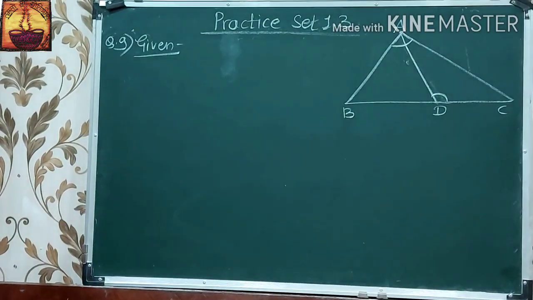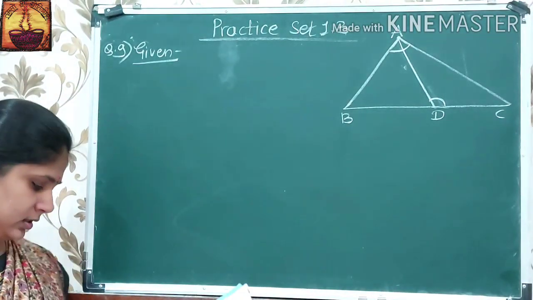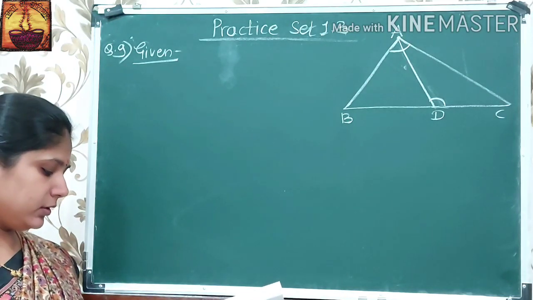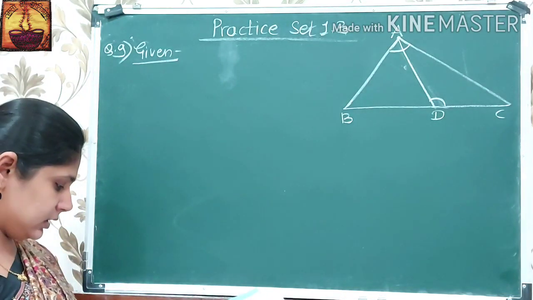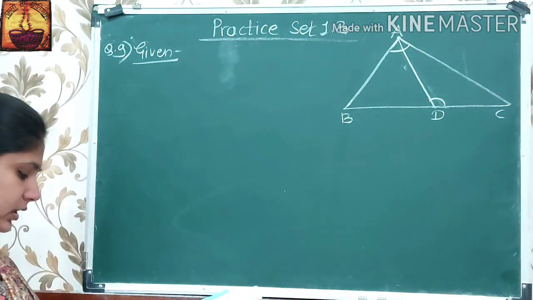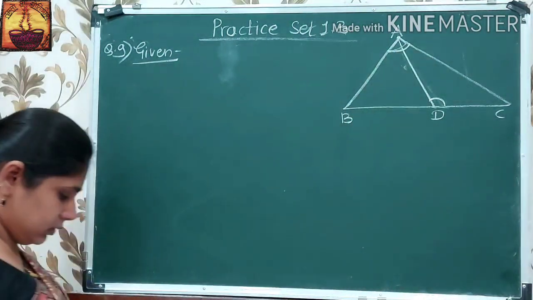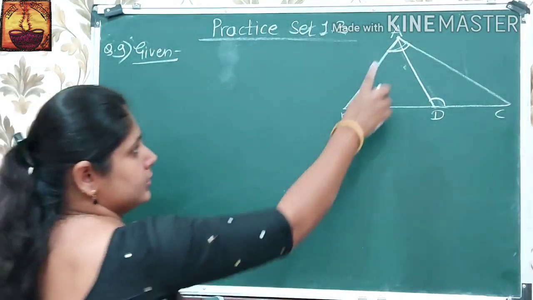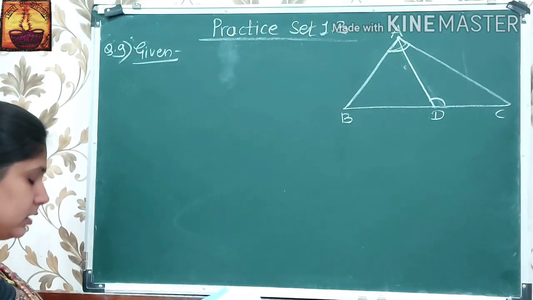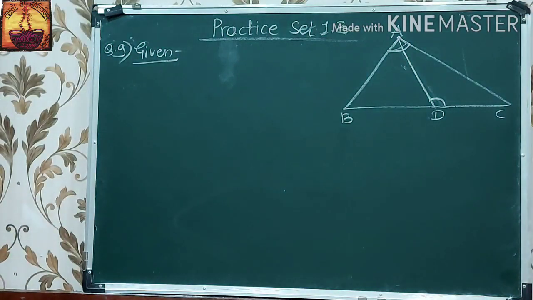Now next, ninth question or last question of practice set 1.3 is, in the figure triangle ABC, point D on side BC is such that angle BAC is equal to angle ADC. Then prove that CA square is equal to CB into CD.